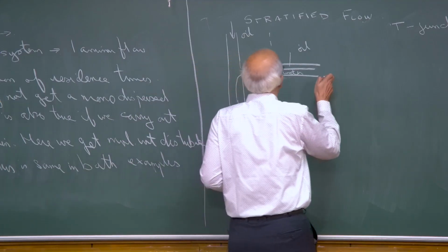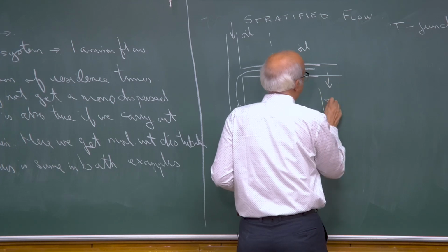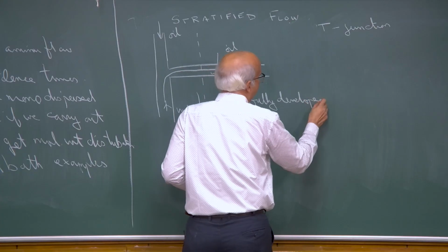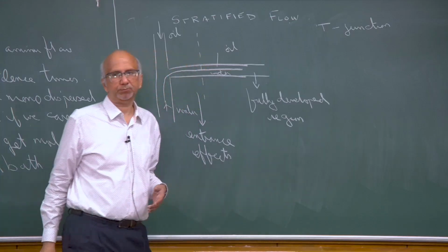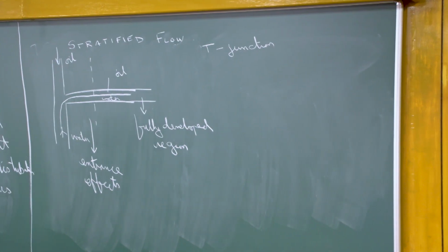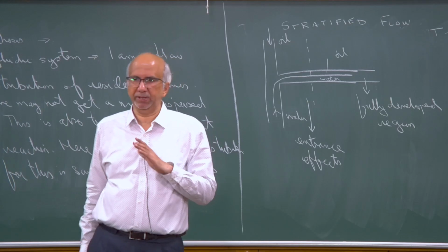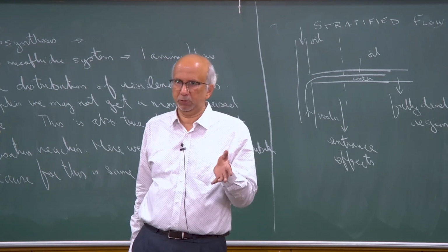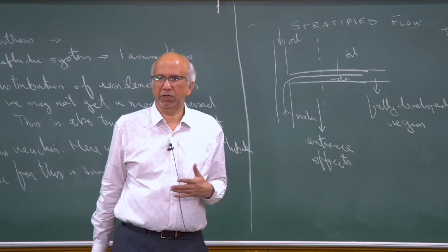Far away, this is what we call the fully developed region. Right now I am assuming we have stratified flow, and this is an assumption we are making. We are assuming we have stratified flow for a particular combination of liquids, for a particular wall, for a particular flow rate, and then we are proceeding to analyze.